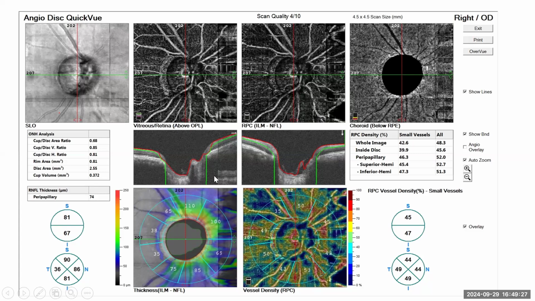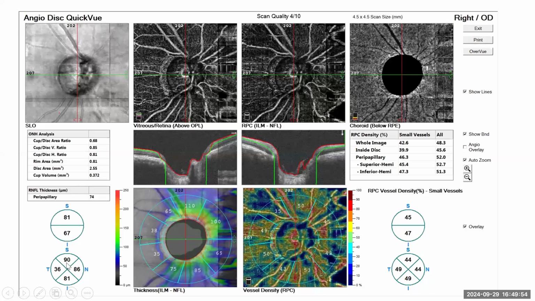Then down to the scan, if you go to the left where my arrow is now, the scan does an optic nerve head analysis as you have on the OCT, where you have the cup disc ratio, cup disc area, vertical and horizontal, rim area, disc area, cup volume, and down you have the retinal nerve fiber layer thickness, the peripapillary nerve fiber layer thickness. This 74 is the average.